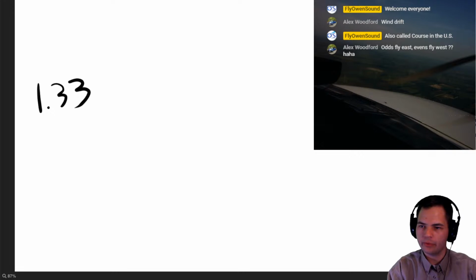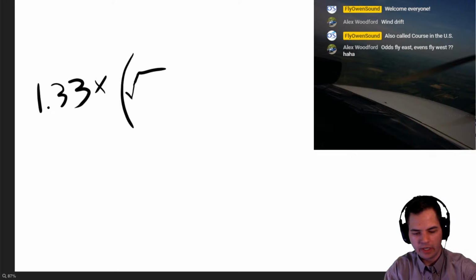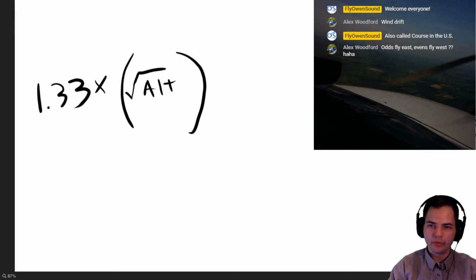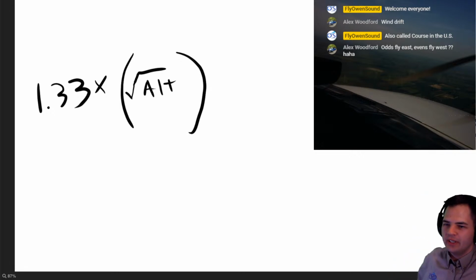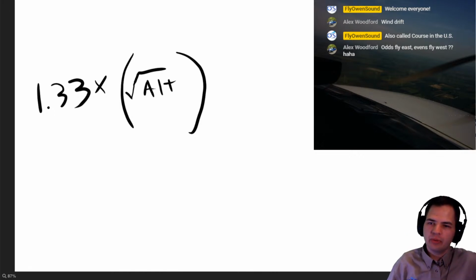So 1.33 times the square root of the altitude. It's a bit of a mouthful, but that's the formula there. 1.33 times the square root of the altitude.